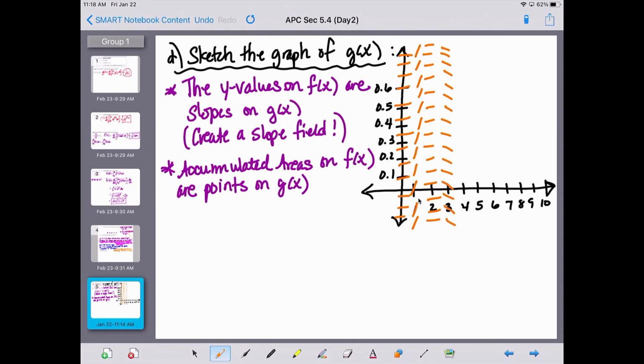When x is 4, my y value is 0. So 0 slope. When x is 5, my y value appears to be 0.1, so a slightly positive slope. When x is 6, my y value is 0. 0 slope again.